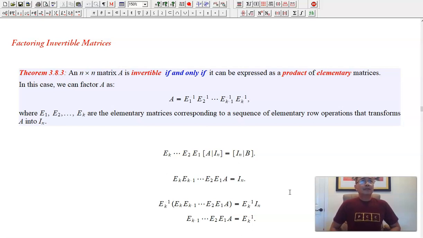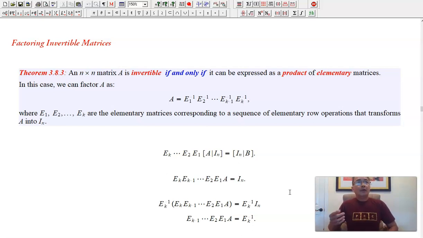In the forward direction, if you have an invertible matrix A, we saw in our last video that you can find the inverse by augmenting A with the identity matrix on the right side. So you have this double wide n by 2n augmented matrix. Then we perform elementary row operations until we get the identity on the left of the augmented matrix, and on the right, miraculously, the inverse appears.